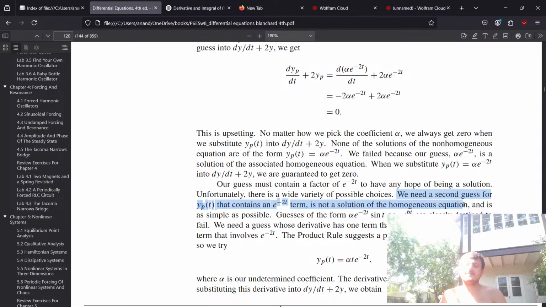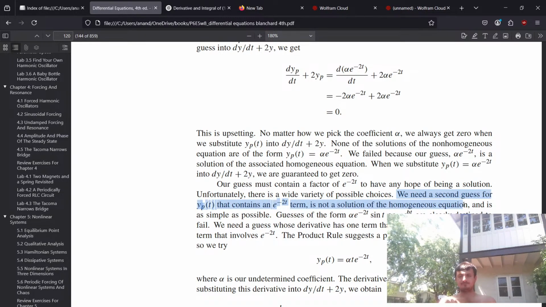We need a guess that contains e to the minus 2t, but is not a solution of the homogeneous equation. See, because this is what I picked, A e to the bt.